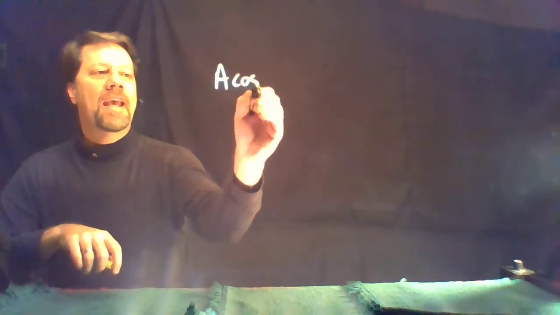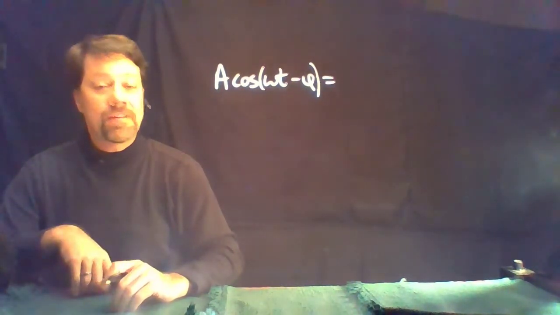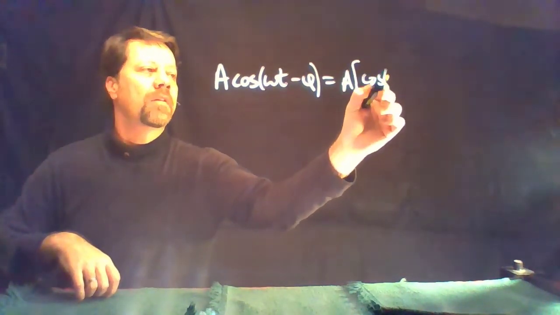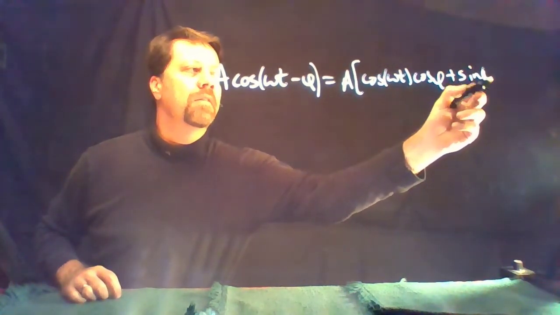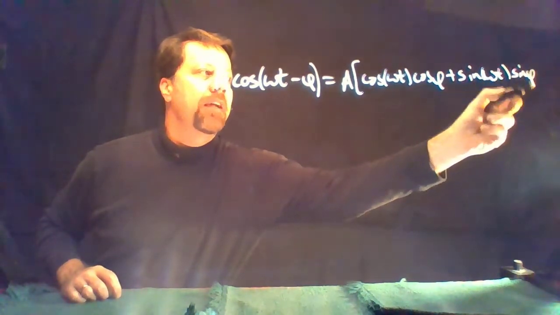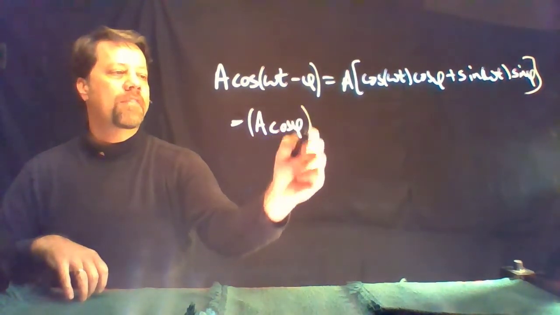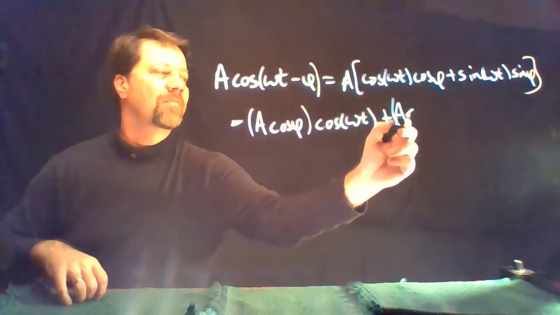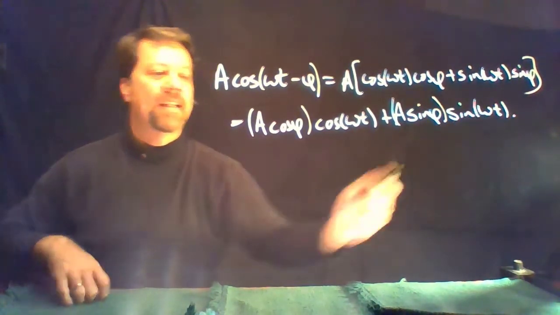To prove the lemma, suppose I start off with A cosine of omega t minus phi. By the difference of angle identity for cosine, we can write that as A times cosine omega t cosine phi plus sine omega t sine phi, or A cosine phi cosine omega t plus A sine phi sine omega t.